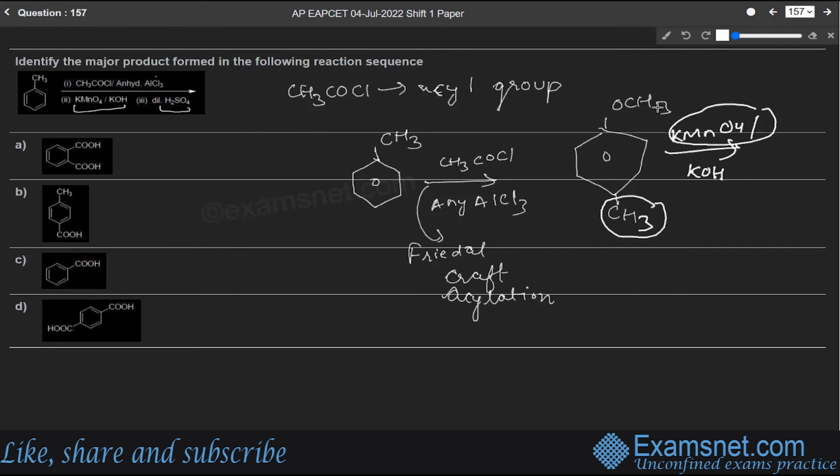So this particular carbon would directly convert into carboxylic acid. So this would convert into OCH3, methoxy. This is methoxy, right?